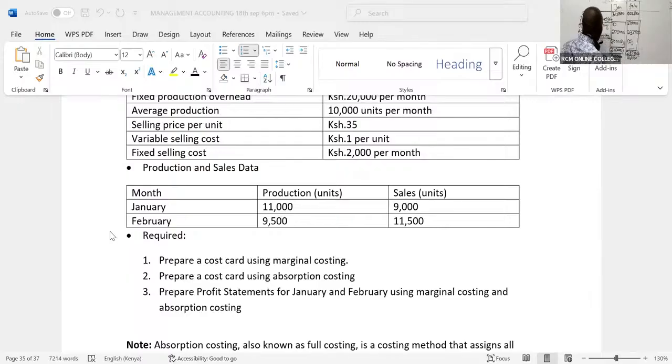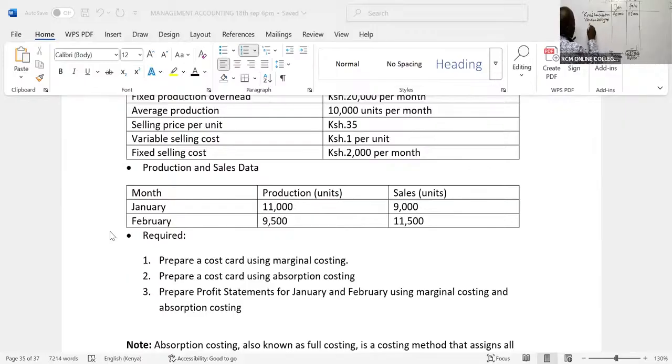Let me actually write up here. So I have my gross contribution, we have 90,000, and then we have 115,000, isn't it? And then we come under less the variable selling costs.